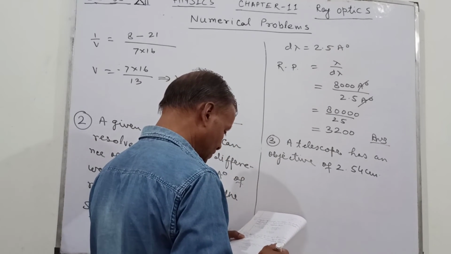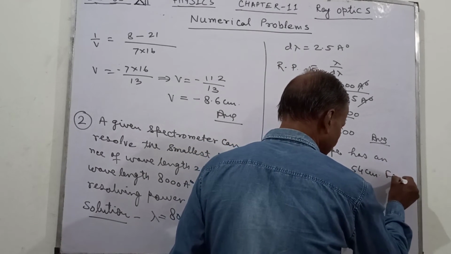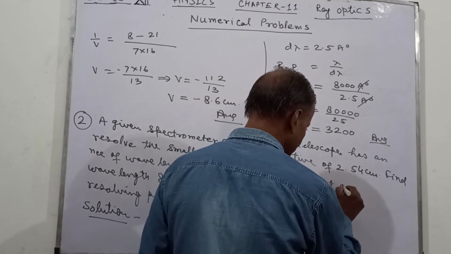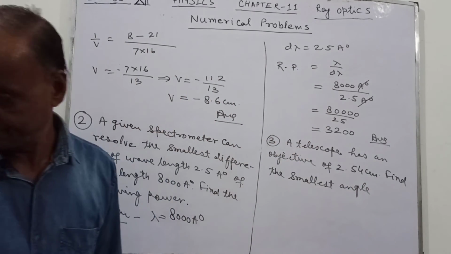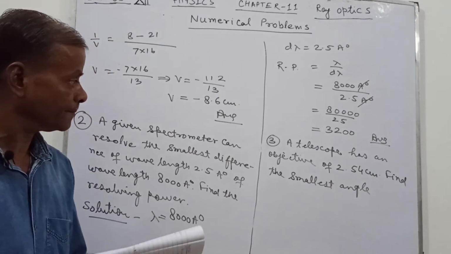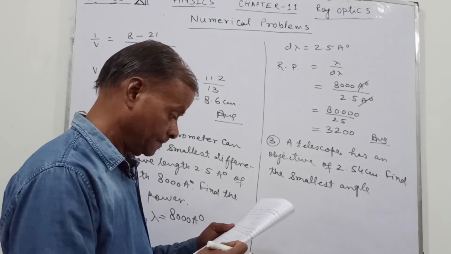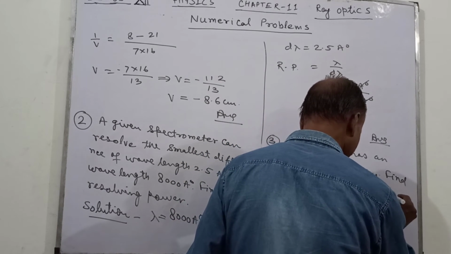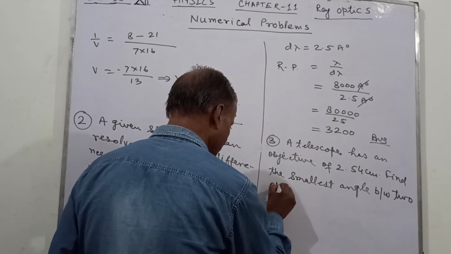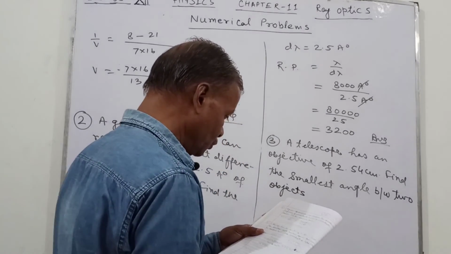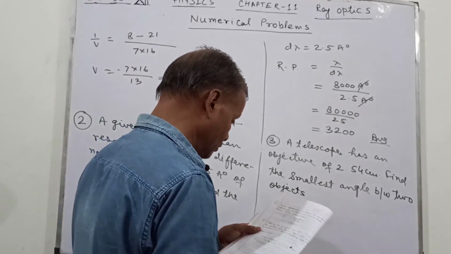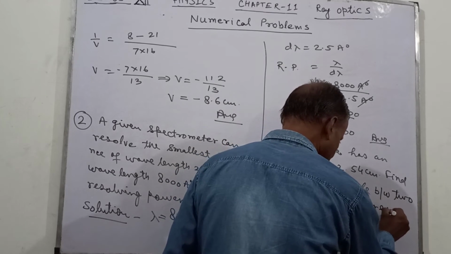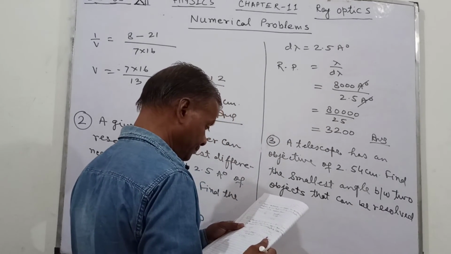Find the smallest angle between two objects that can be resolved by it.